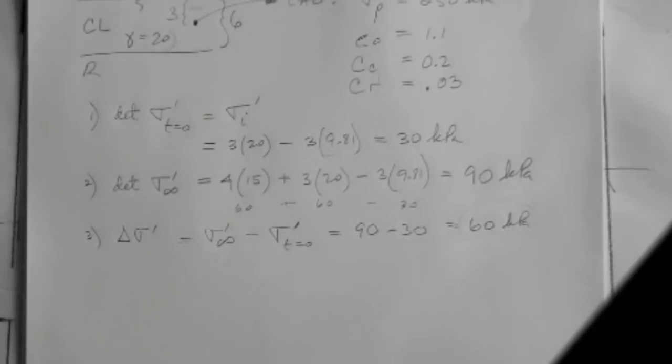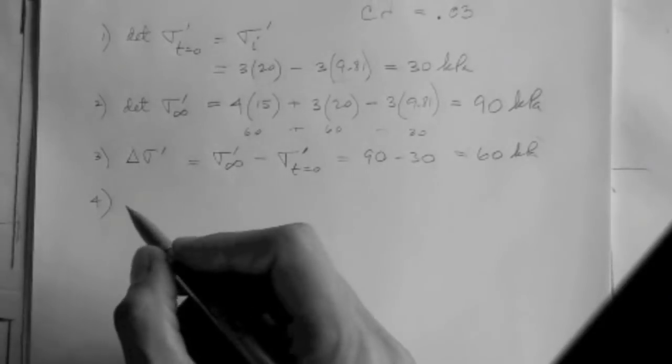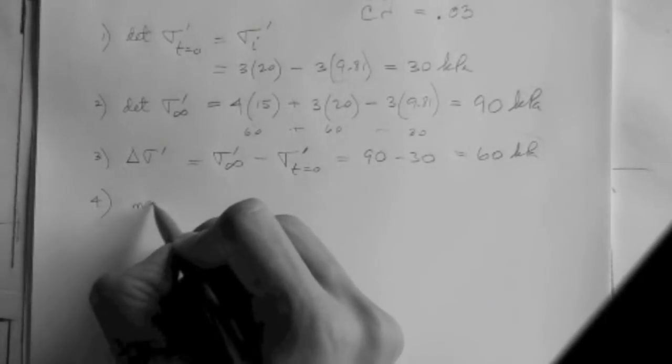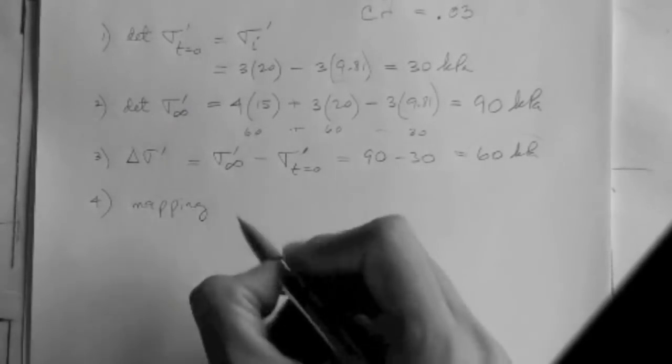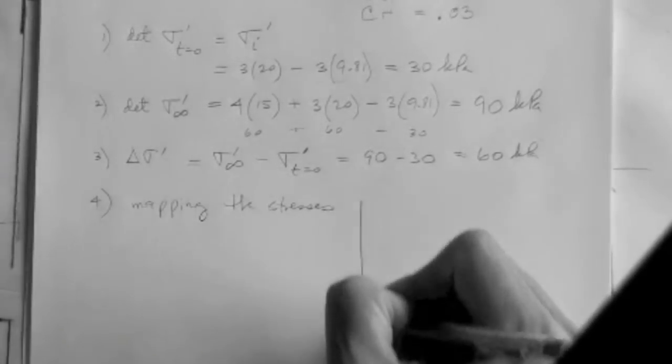So we are good. At this time, step number 4, we determine the settlement by mapping the stresses. What does that mean?